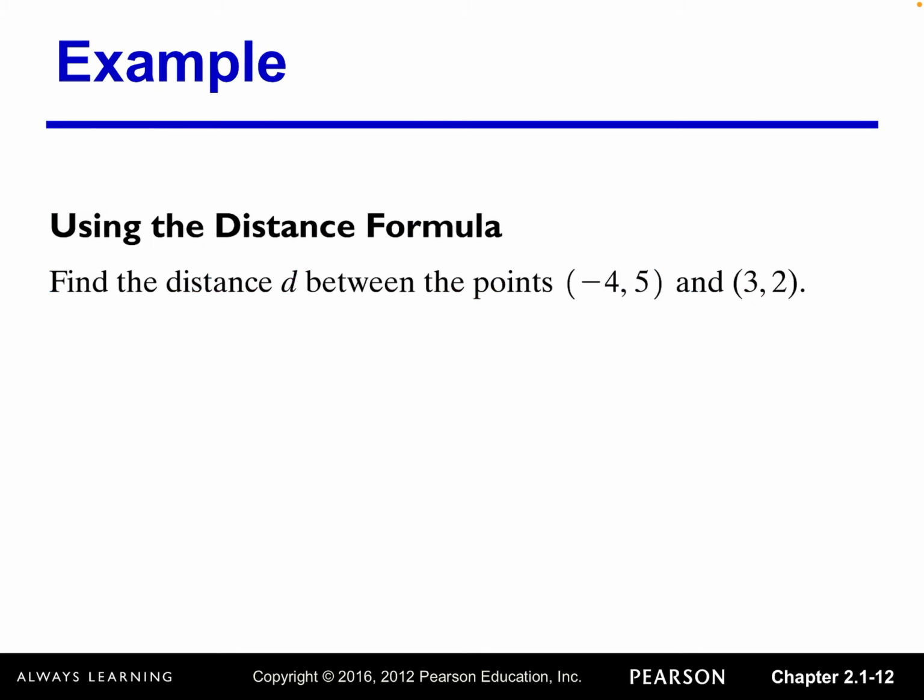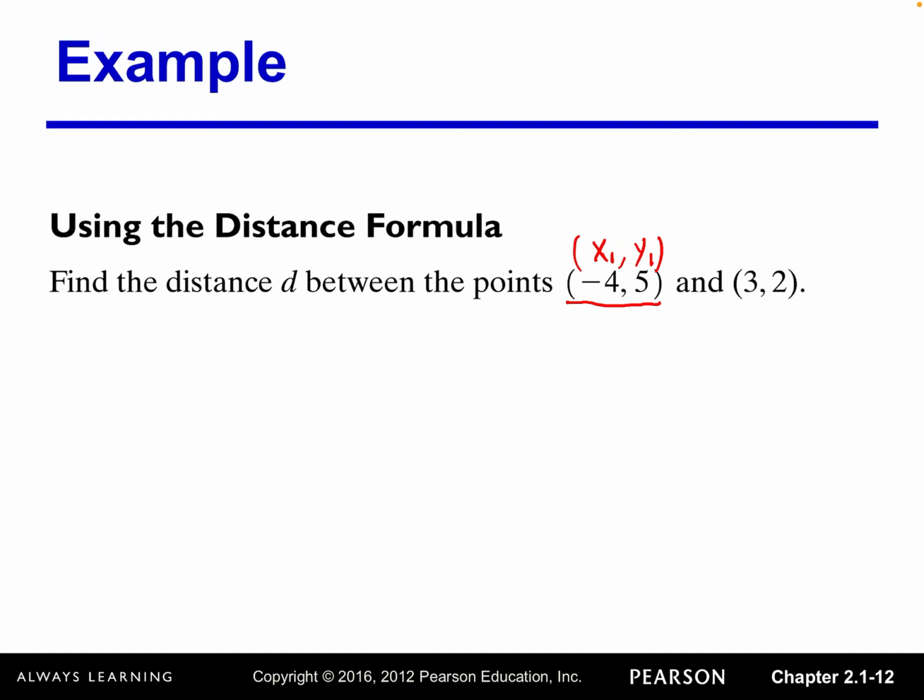So now let's try an example of how to use the distance formula. Find the distance between these 2 points. Let's make some notation in order to plug into the formula. If we consider the point (-4, 5) as P1, then the x coordinate is x1 and the y coordinate is y1.